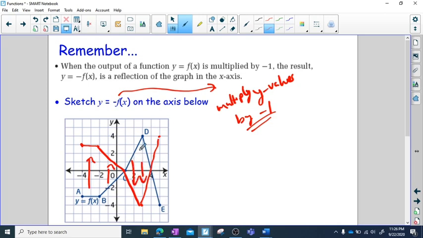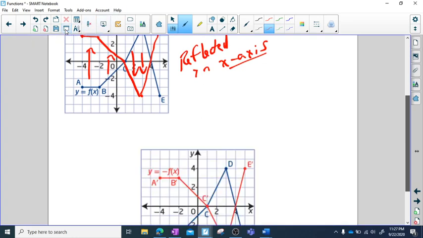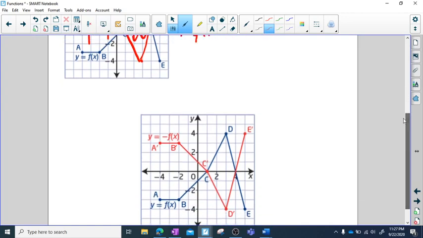All the points went across the x-axis. So we say it's reflected in the x-axis. And the way that happened was by putting a negative out in front of your function notation. Here's my answer down below, the computer-generated version, so ours wasn't bad.